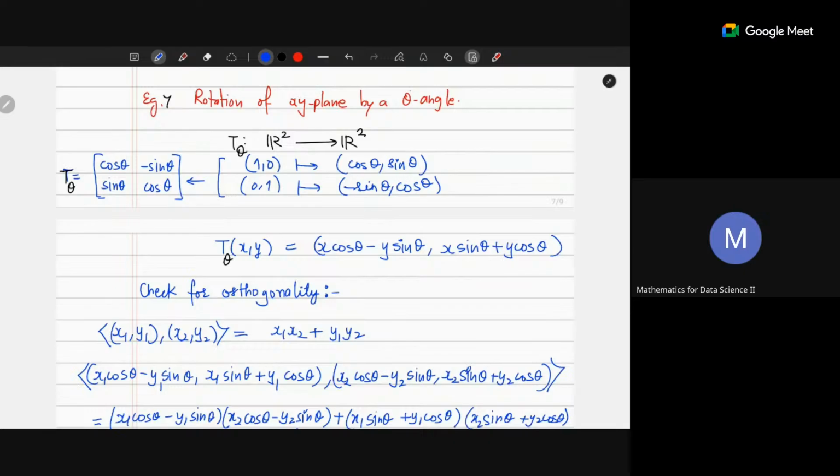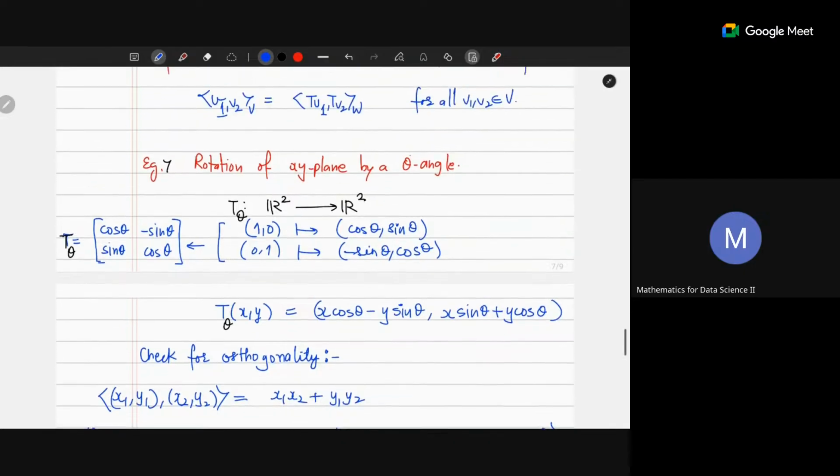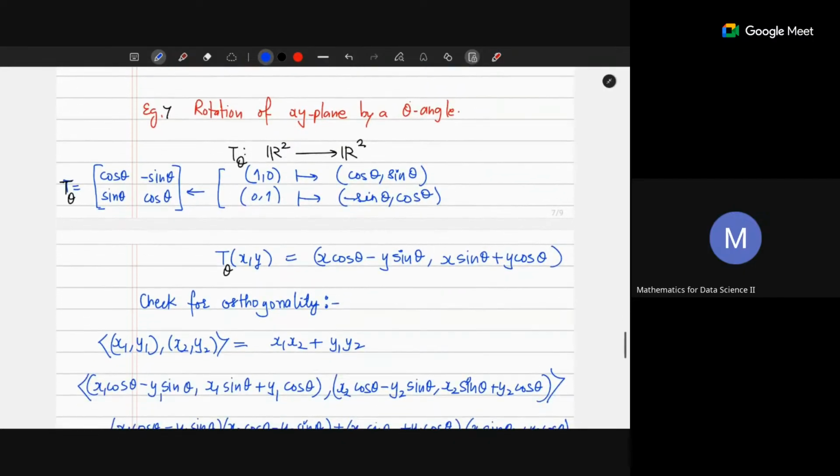Why are they orthonormal? Because my linear transformation is an orthogonal transformation. So it preserves the length and preserves the inner product, right? Because the length of 1, 0 is 1, the length of cos theta, sin theta should also be 1, right? No, it's not about the dimension.